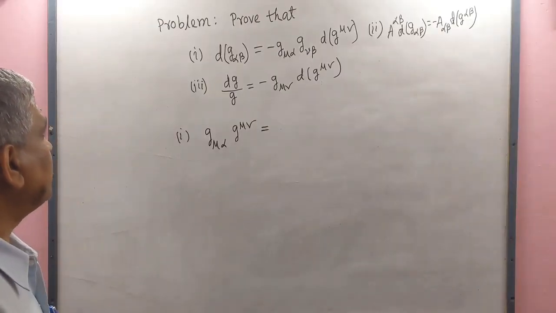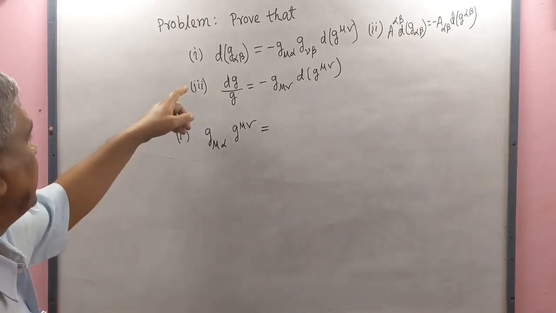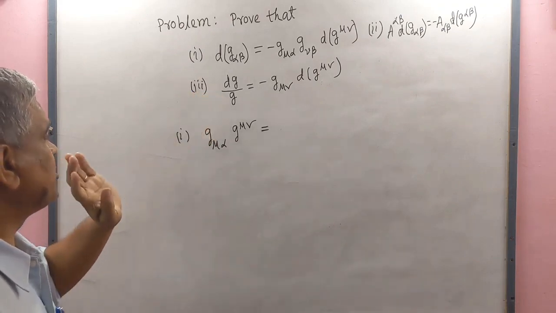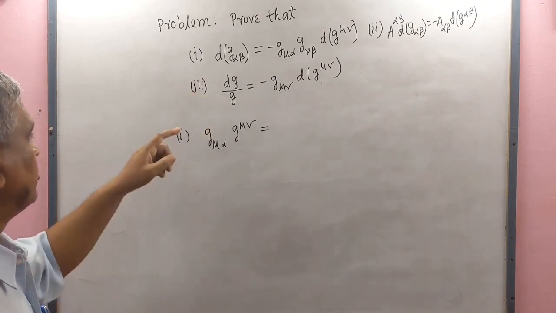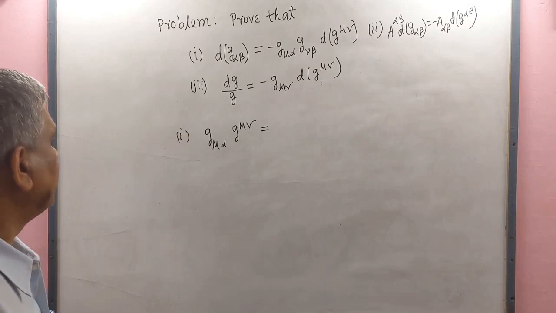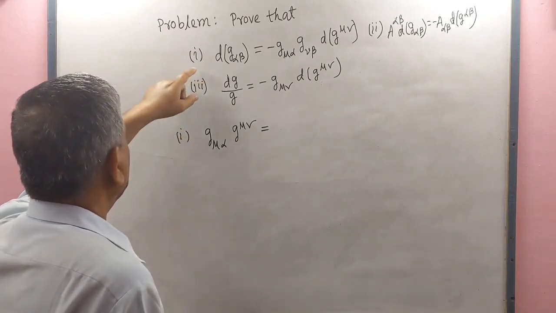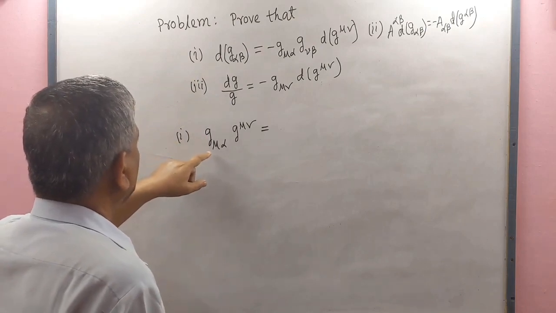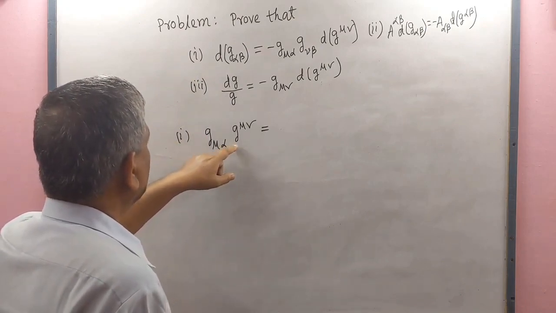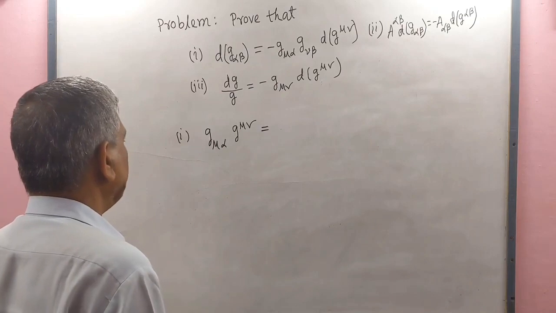Now we shall solve some problems. Here there are three problems. We shall solve one by one. Number one. For number one, we write g mu alpha, g mu nu. Already we have seen this.